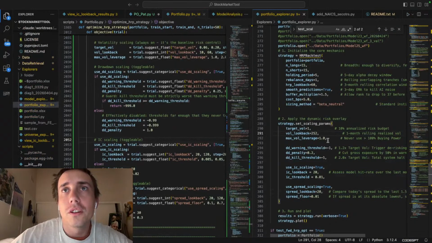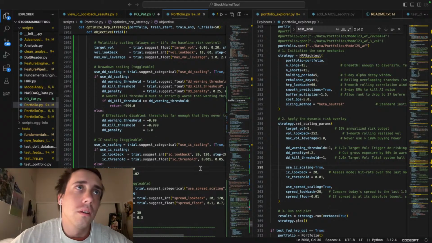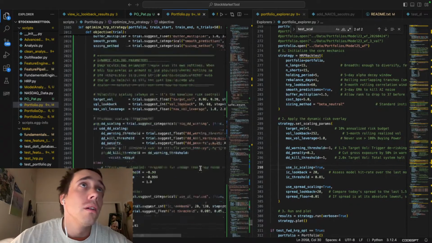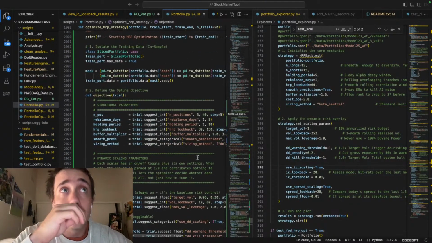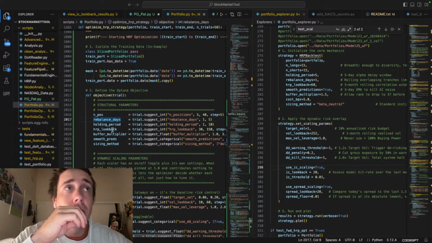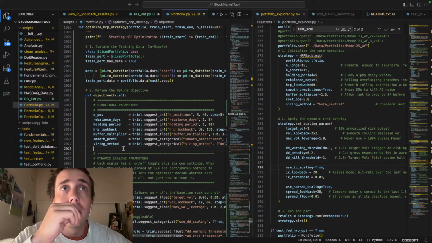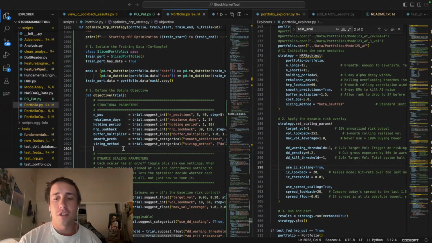So we remove volatility scaling. All right, so in optimize, now we have the objective. Number of positions, rebalance days. So let's see, should I try optimizing the whole thing?